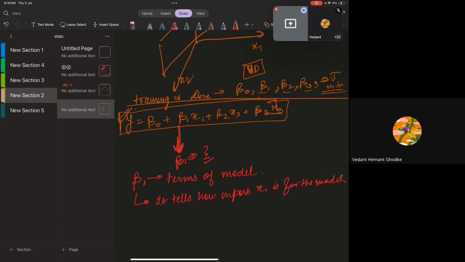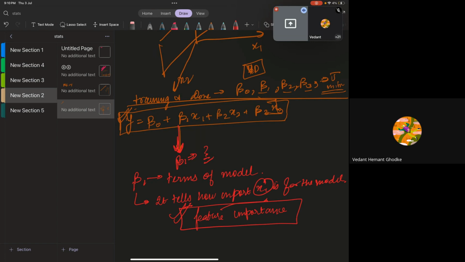And importance of the feature, you reverse it, and this becomes feature importance. Feature importance is basically a way of the model telling you how valuable this feature is for predicting.